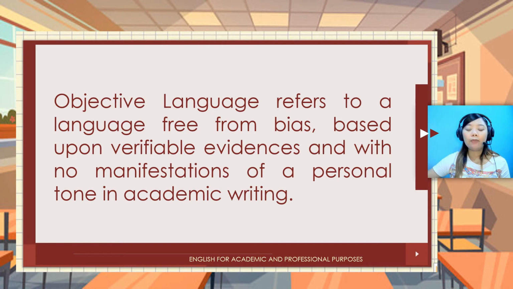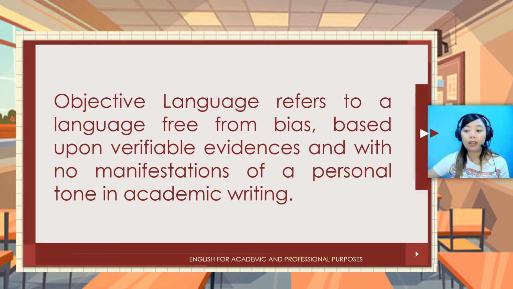To observe objectivity, the paragraph should contain evidence; arguments are based on evidence. There's no manifestation of your personal tone, so avoid using personal pronouns such as I and we in academic writing. It's not a personal essay, but a formal text.